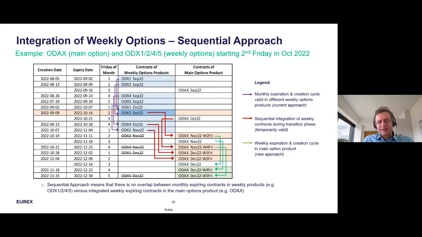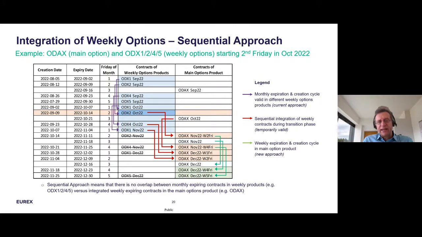We will again suppress the creation of the 4th Friday option in November on the weekly option product and instead create the 1st Friday option in December, in order to get the next sequence in this weekly options expiration cycle.